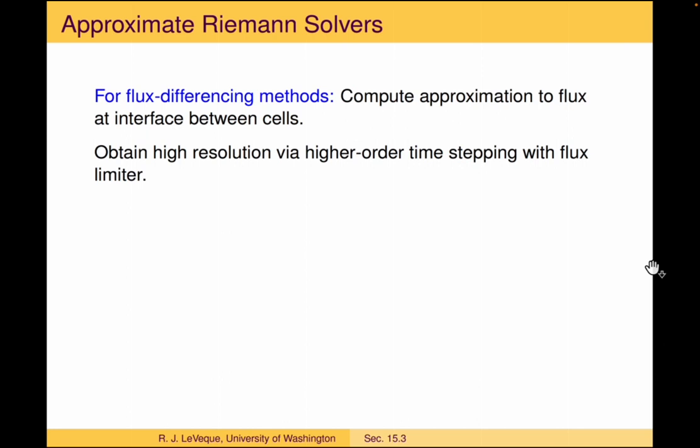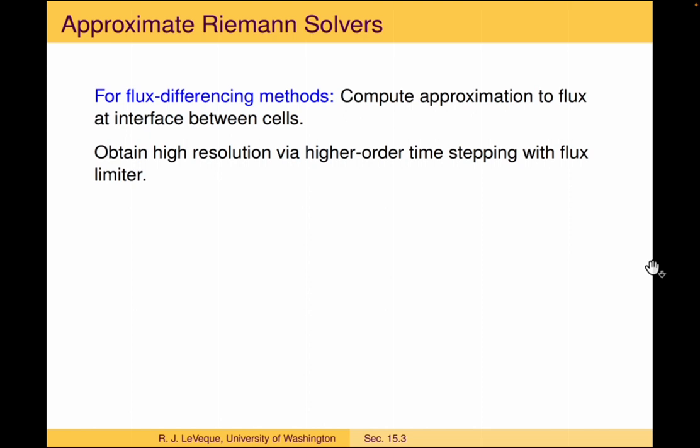And again, there's various different ways that Riemann solvers can be approximated. So if you're using a flux differencing method where the method is written in conservation form as a flux difference, then one way you might think about using an approximate Riemann solver is to define the flux at the boundary as an approximation to the correct flux of Godunov's method that would come from looking at the exact solution along the ray x over t equals 0, and instead look at some approximate solution.